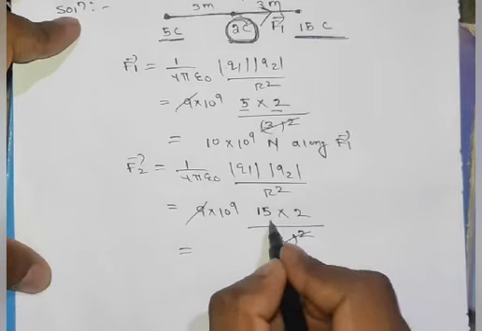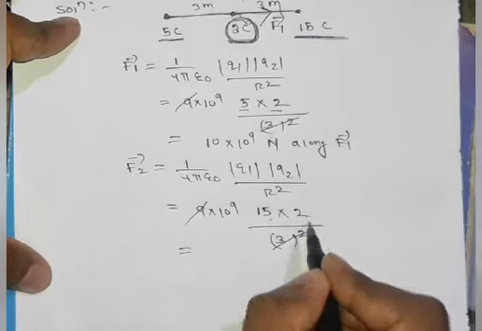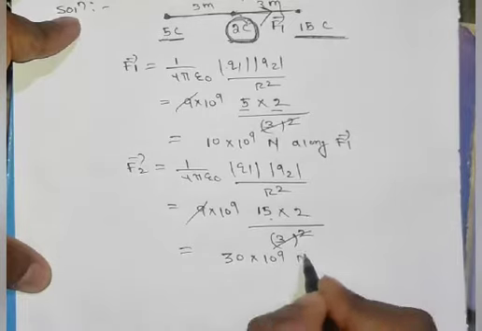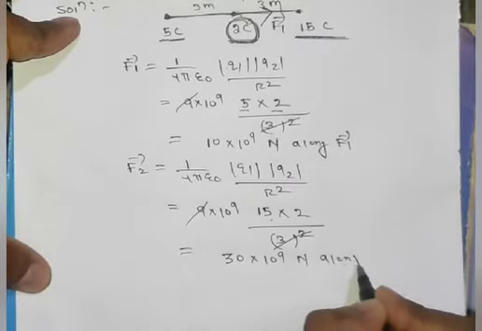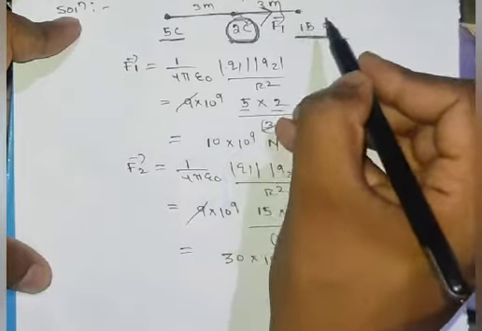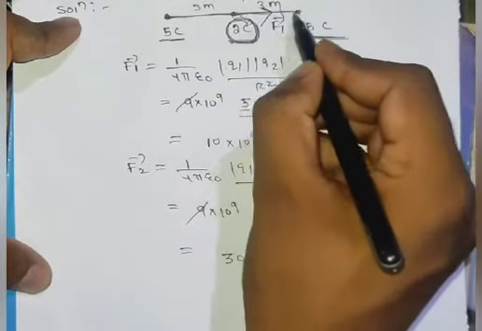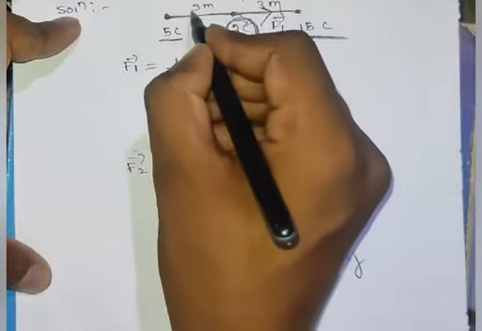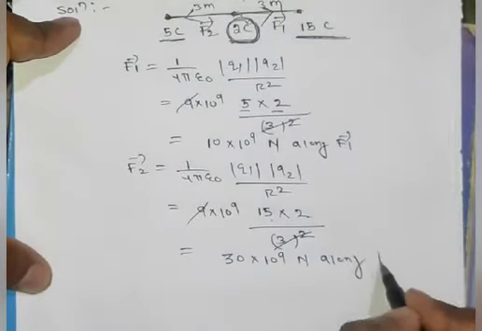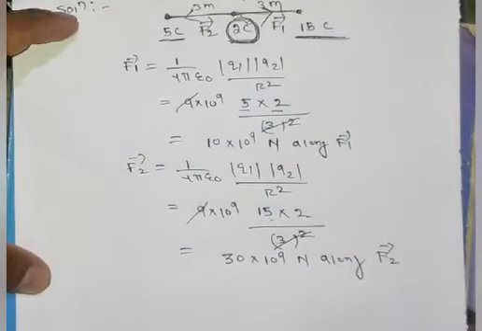When we multiply 15 into 2 it will be 30 into 10 to the power 9 Newton. This is also a positive charge, so the force of interaction will be repulsive, and it will be directed along this direction, along F2.